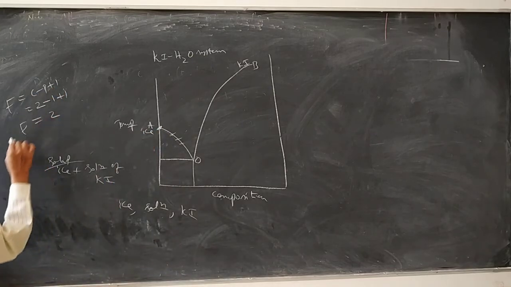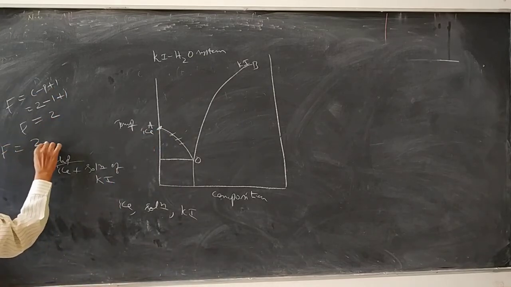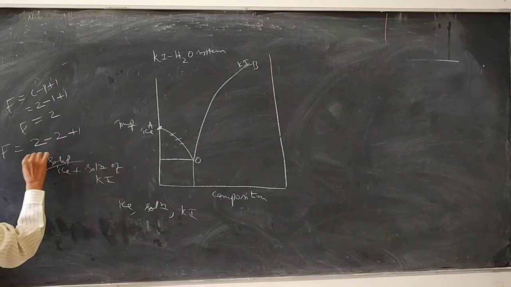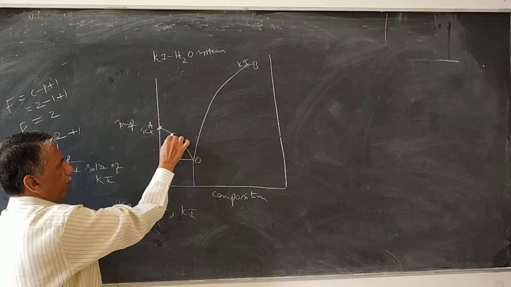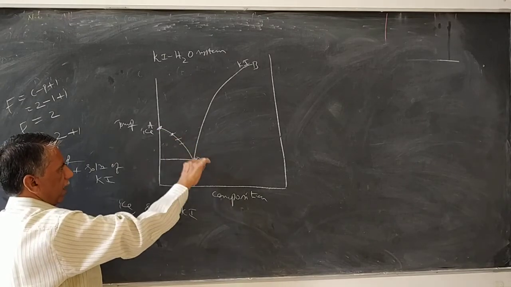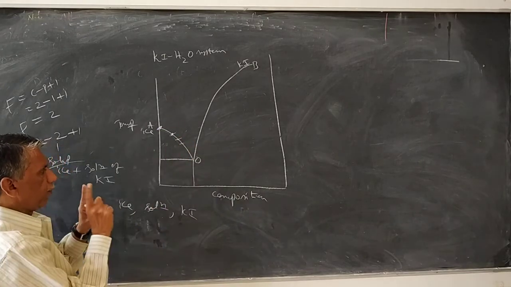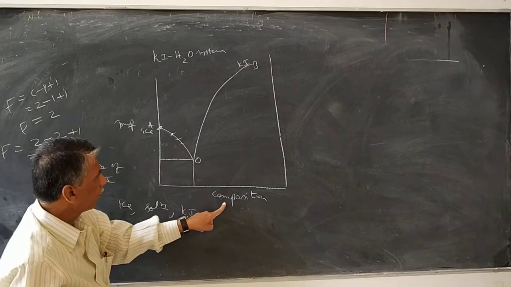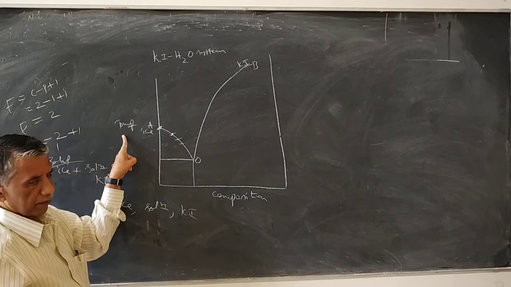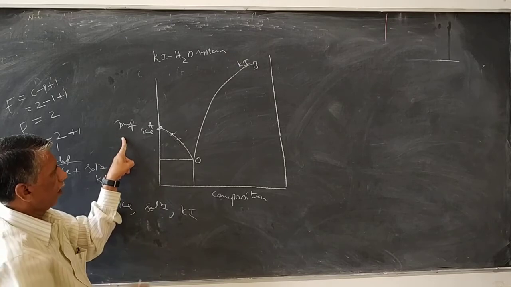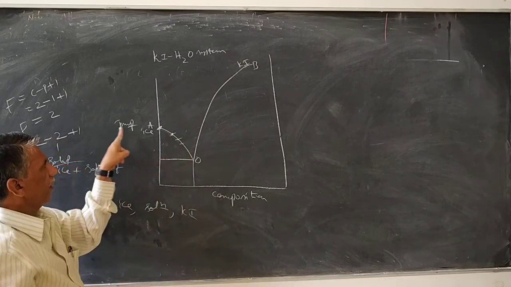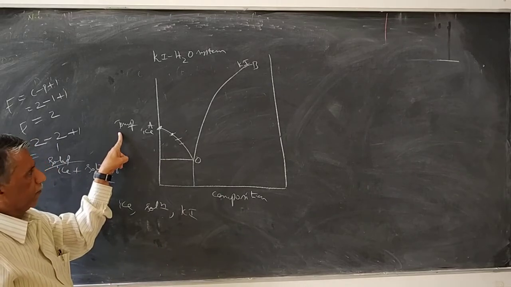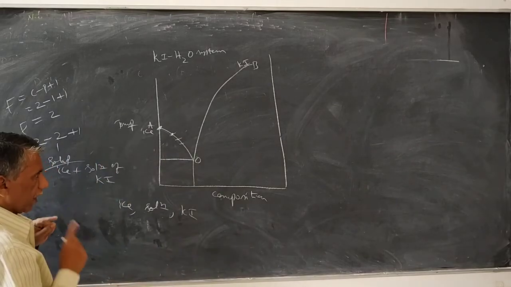Then if you apply this equation, F is equal to 2 components minus 2 phases plus 1, that means 1. That means to describe any point on this curve AO, you require any one variable, either composition or temperature. If you know the temperature, automatically the composition will be fixed, or if you know the composition, automatically the temperature will be fixed. So you require only one variable.